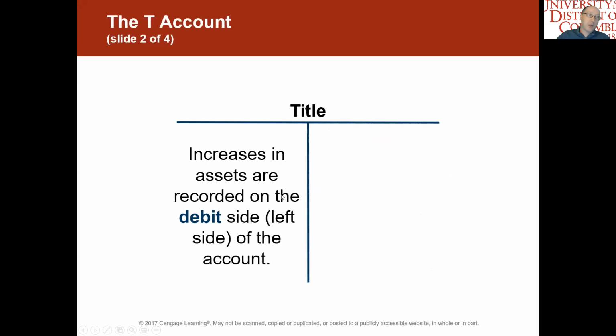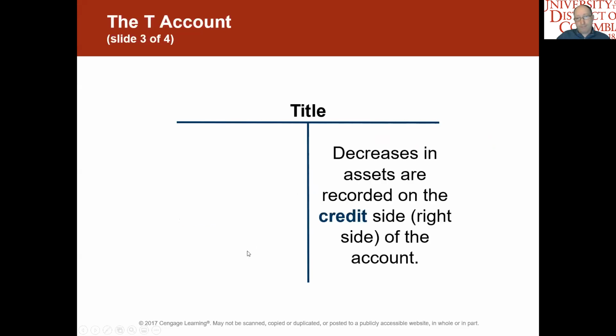To increase our inventory, we debit our inventory. To decrease our assets, like our cash, accounts receivable, or inventory, we credit them. To reduce cash, we credit cash.